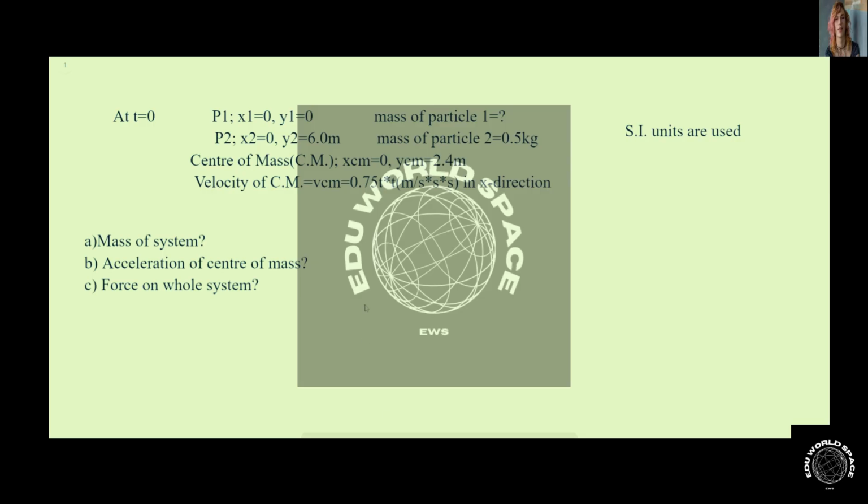So first, let us approach the first part. We need to find the mass of the whole system. So we have m, the total mass of the system, equals m1, the mass of particle 1, plus the mass of particle 2.